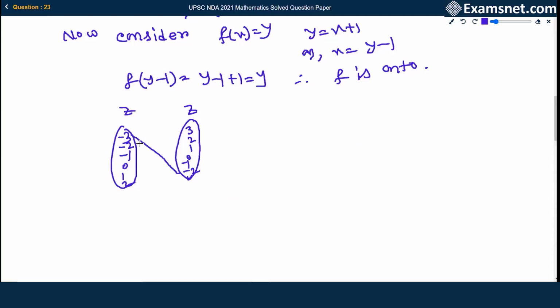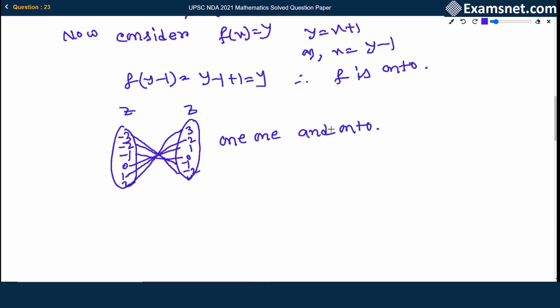Okay. -2 maps to -1. Okay. 0 maps to 1, -1 maps to 0, 1 maps to 2, and 2 maps to 3. This way different elements have different images. That's why it's 1-1, and each and every element in the codomain of f has a preimage as well. That's why it's 1-1 and onto.